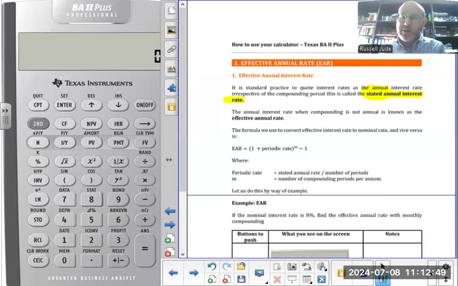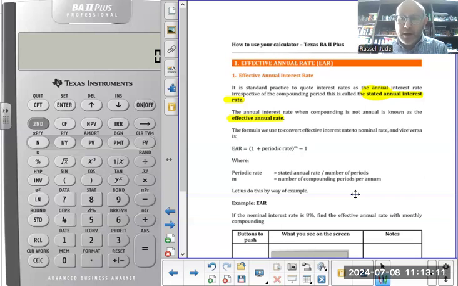Why? Because we are earning interest upon interest, and that is called the effective annual rate, or the EAR, often referred to in most of the CFA, CAIA and FRM textbooks as EAR. On your calculator, you may often see it as EFF, just the effective interest rate.